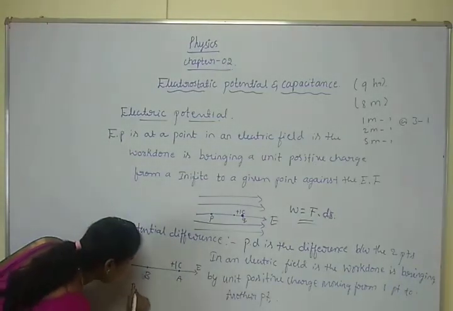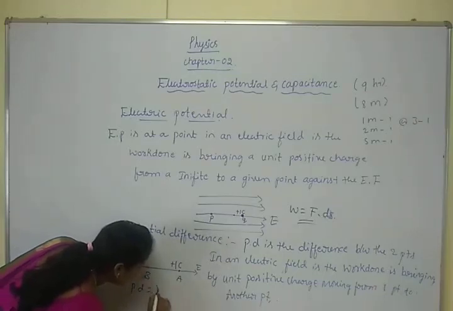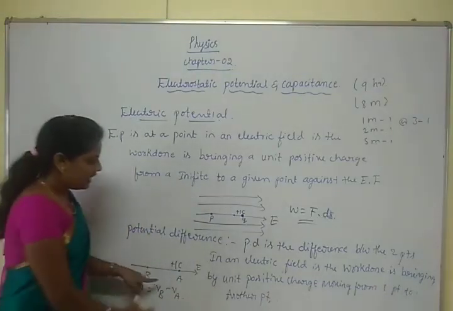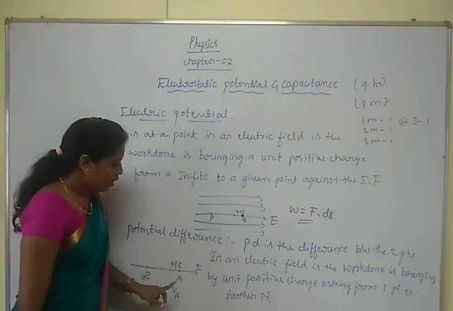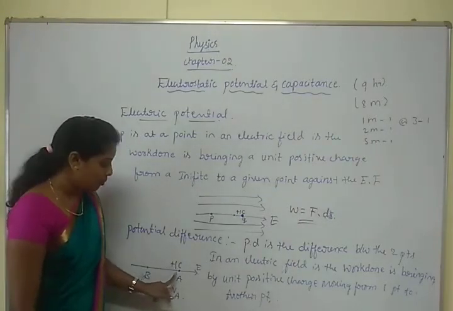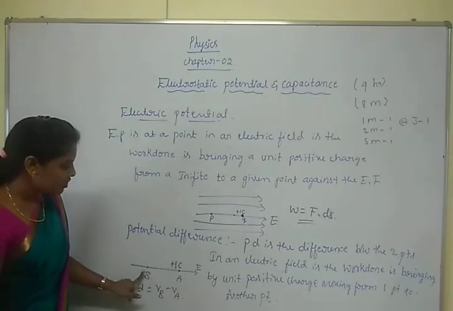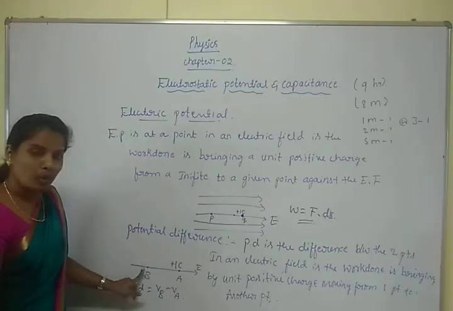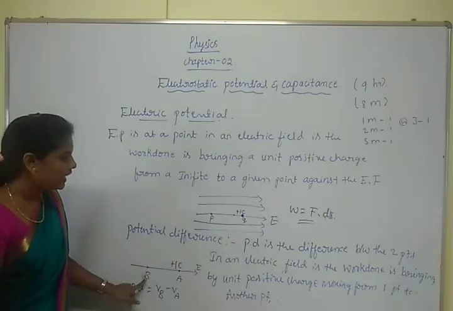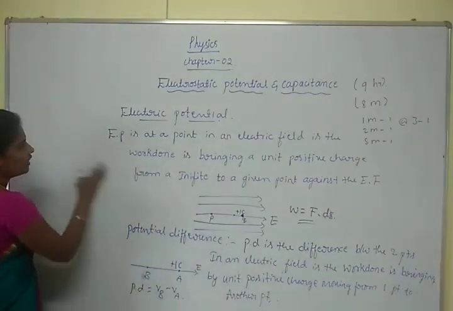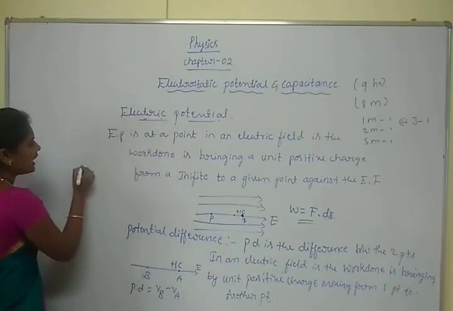Potential difference can be written as VB minus VA. Here VA refers to the potential at point A, and VB refers to the potential at point B. The mathematical form of electric potential can be written as V equals work done by a unit positive charge.